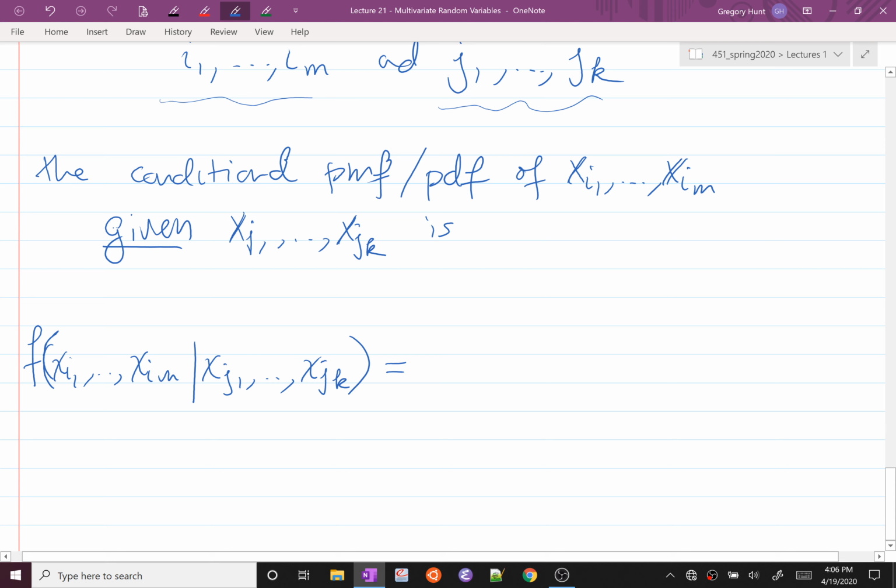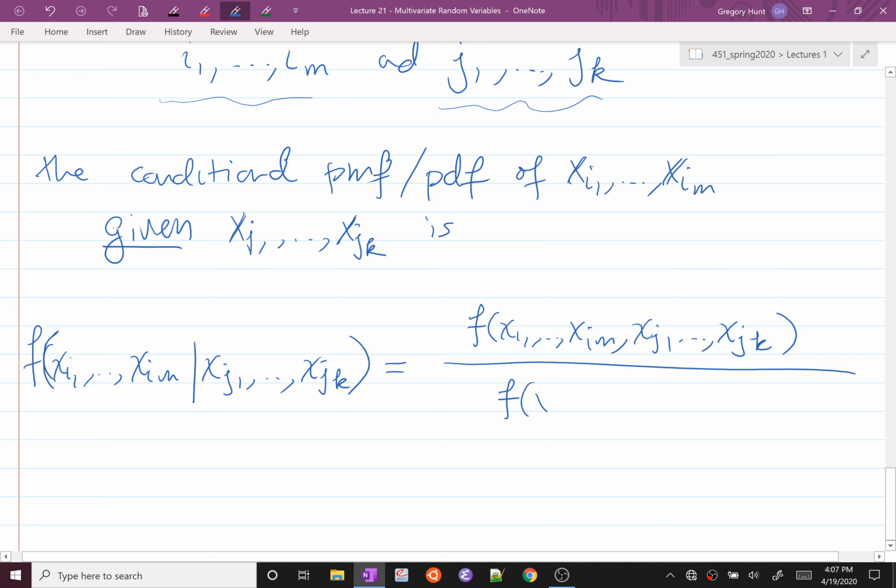As in the previous case, we define this as the joint of all of the things we consider, x sub i1 to x sub im joint with x sub j1 to x sub jk. And then we divide through by the stuff we're conditioning on, so we divide through by the joint of x sub j1 to x sub jk.